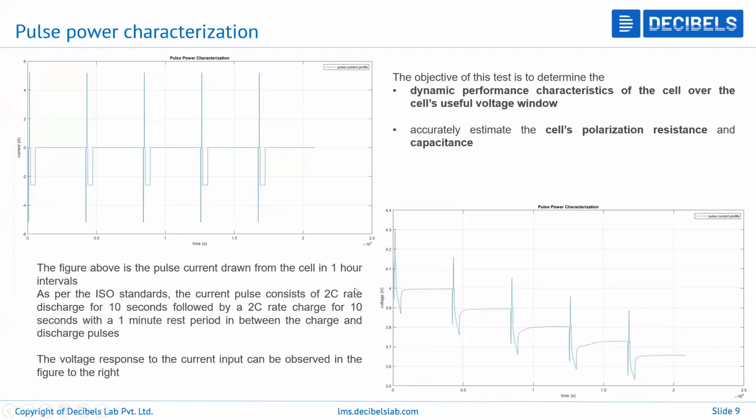And one of the major tests performed on any lithium cell is something called pulse power characterization. This test helps us understand two things, right? It gives a good estimate of the resistances the cell faces, and the dynamic performance characteristics of the cell at different voltage stages.